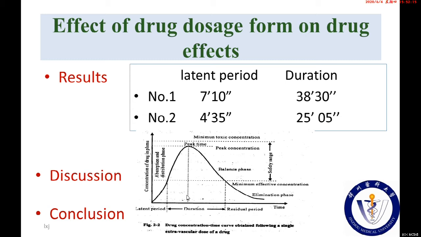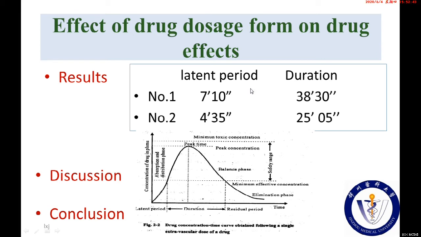The results of this experiment we did are like this. For example, remember, for mouse number 1, we administered the drug pentobarbital sodium in mucilage. The dosage form is mucilage.